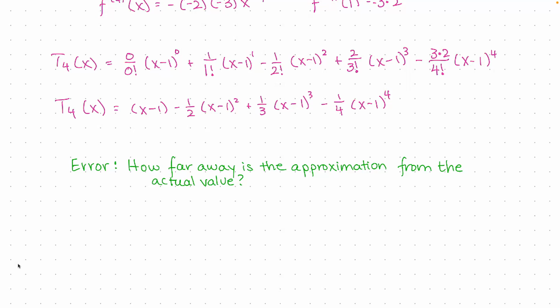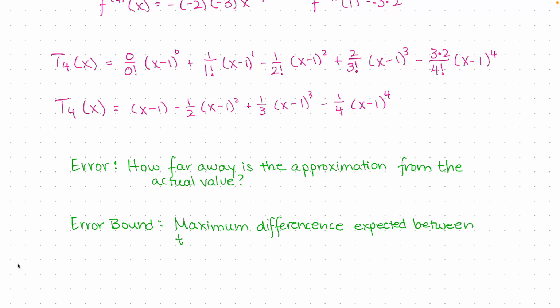So error, how bad is it? Error bound is the maximum difference expected between the approximation and the actual value. In other words, error bound is the maximum error.